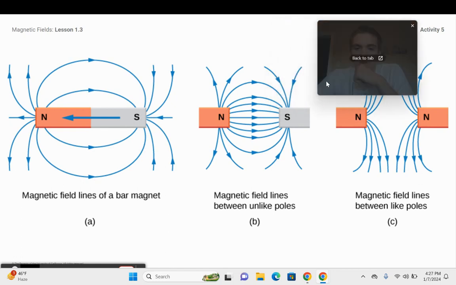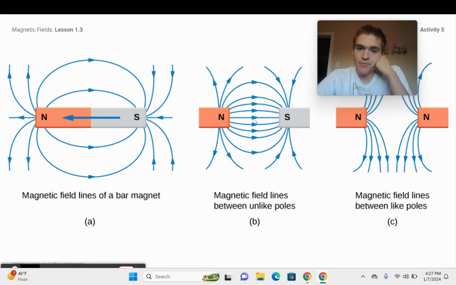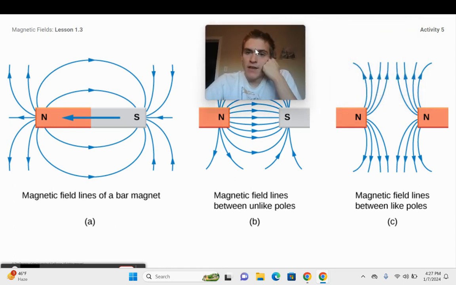When magnets are between unlike poles or opposites, they attract. So these magnetic field lines are overlapping, and so they attract. These magnetic field lines that do not overlap, repel.